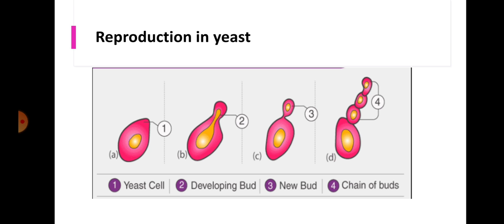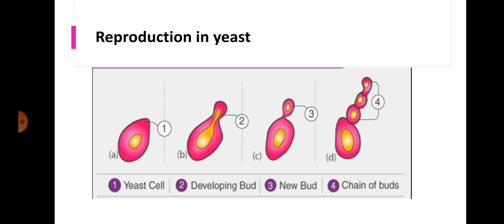Take a piece of yeast cake or yeast powder and place it in a container filled with water. Yeast powder is available at a shop. Now add a spoon of sugar and shake it to dissolve.